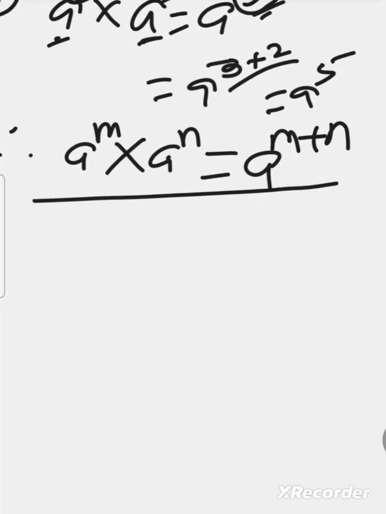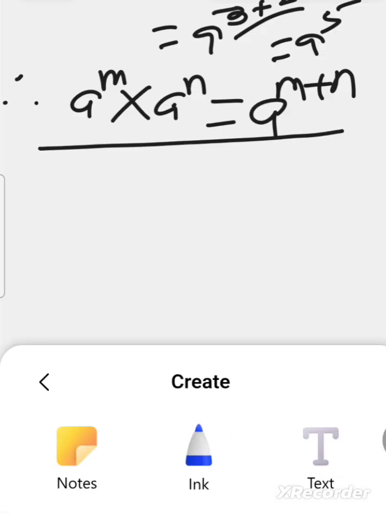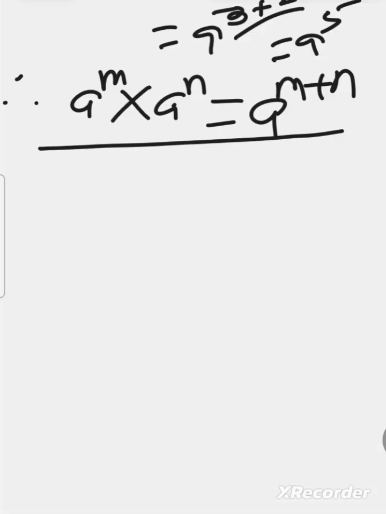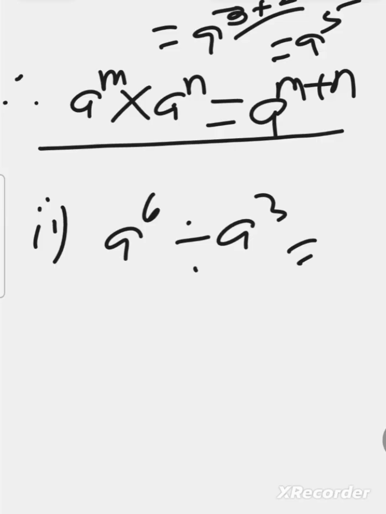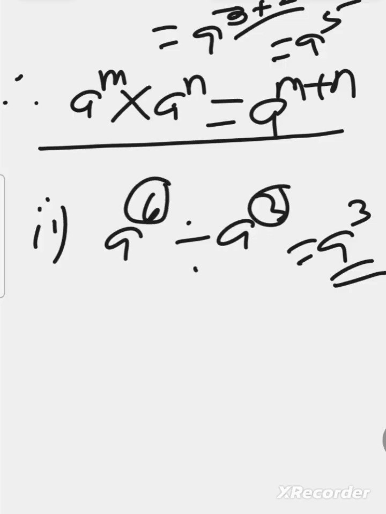Let us derive our second law of indices from example 2. We had a power 6 divided by a power 3, and our answer in this case was a power 3. How did we get this? Our powers were 6 and 3, but we have produced the answer as a power 3. If you look at the two numbers, 6 minus 3 will give us 3.